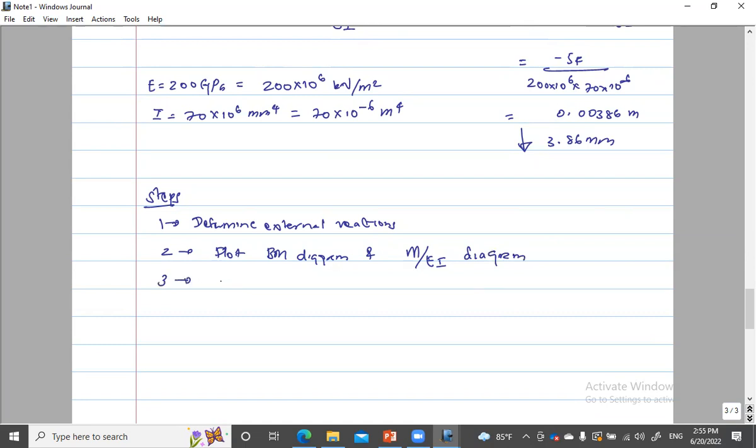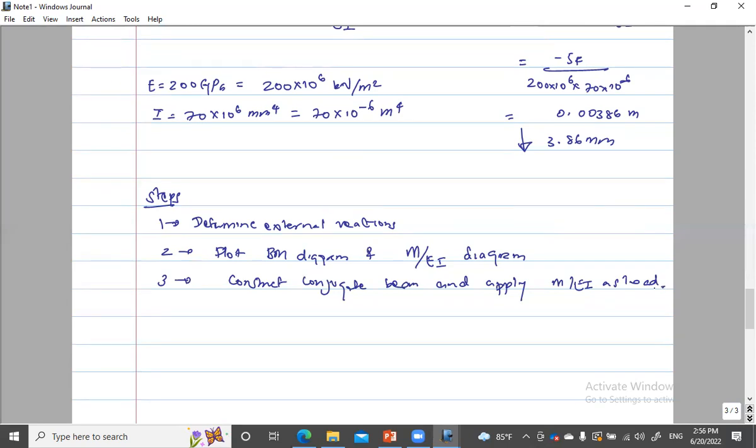3. Construct the conjugate beam and apply M over EI as load.